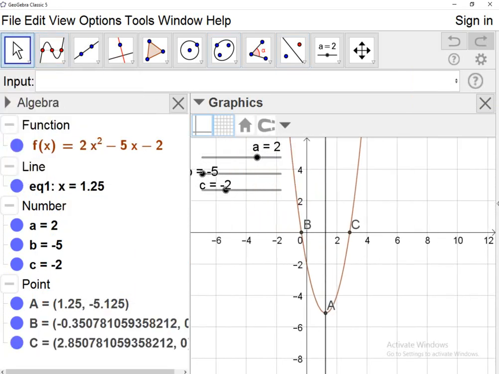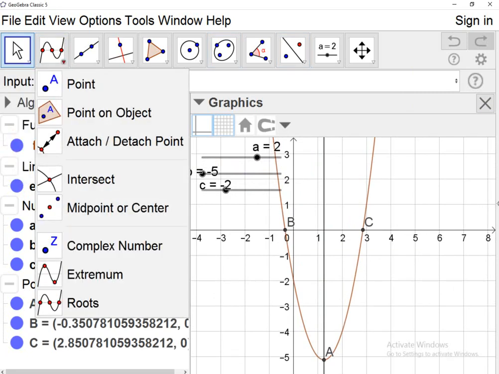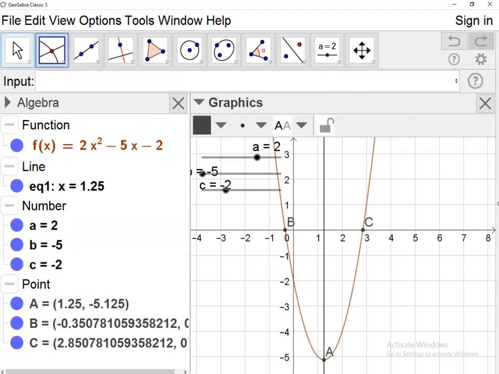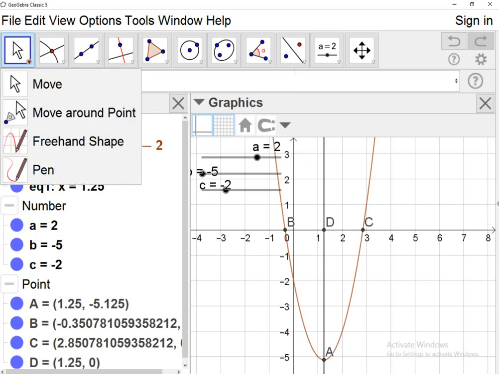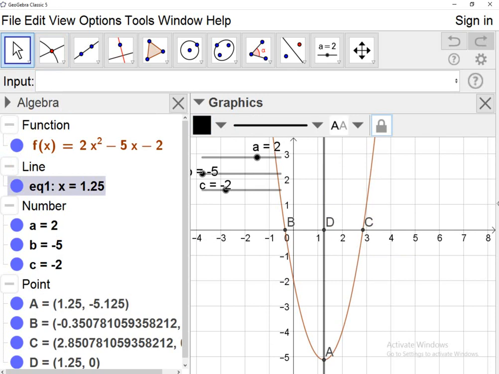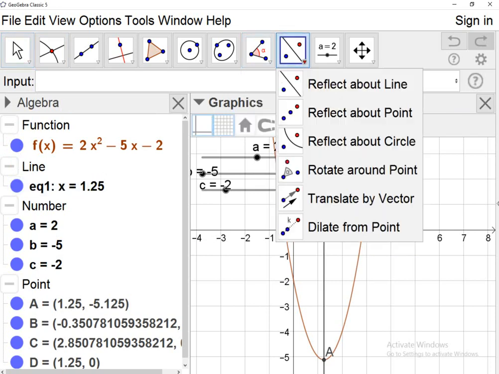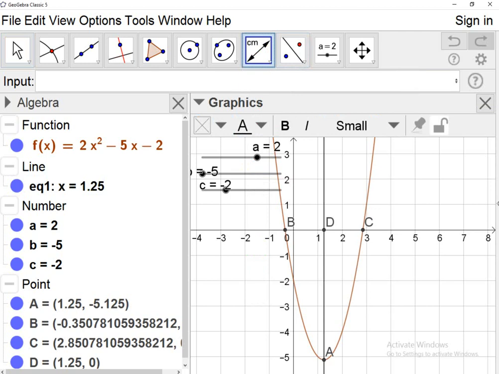I'm going to ask for the x-intercepts here. I'm not doing any calculations here, just trying to show you the relationships. So this thing here is the axis of symmetry, right? Point C and point B, those are x-intercepts.